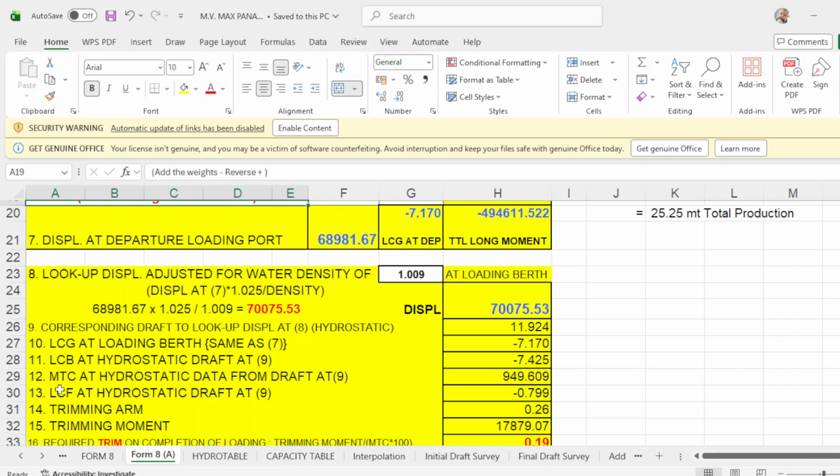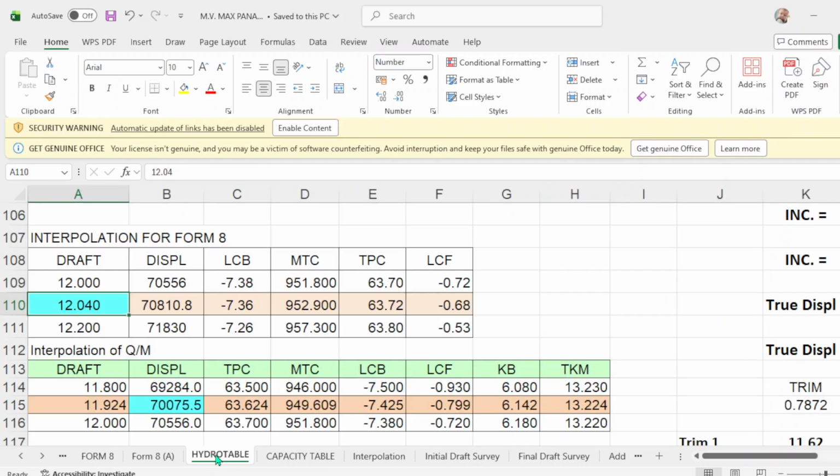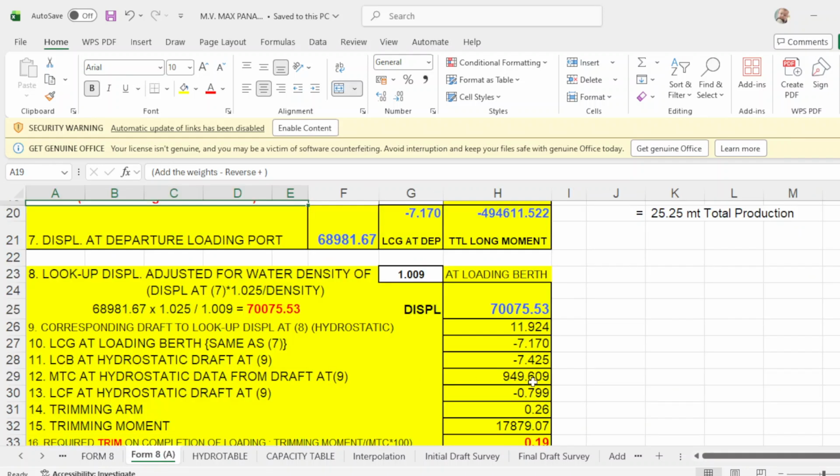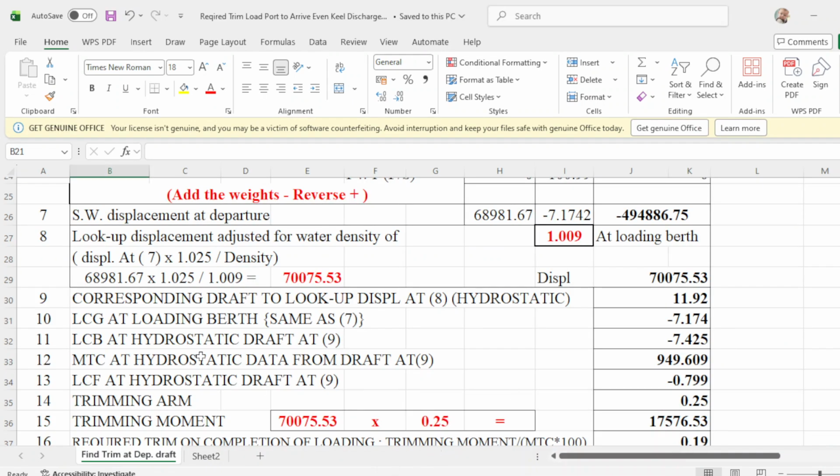Then number 11, LCB at this draft of number 9. We go to the hydrostatic table. LCB is negative 7425, and my manual LCB is negative 7425.